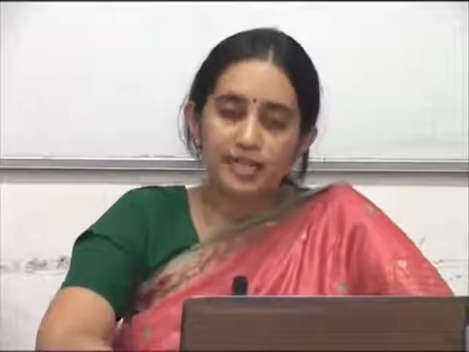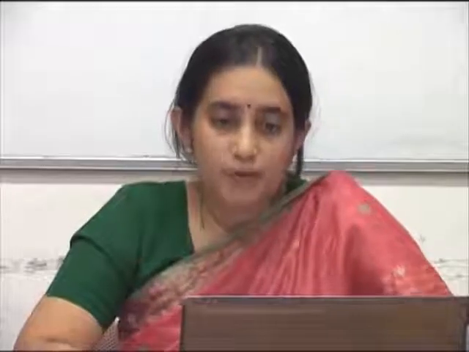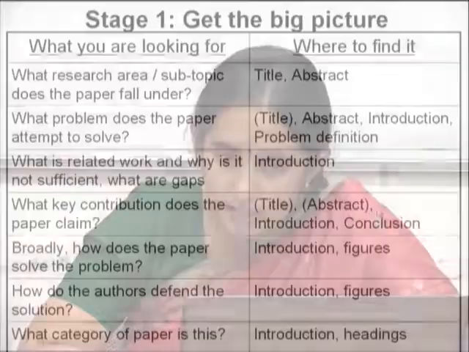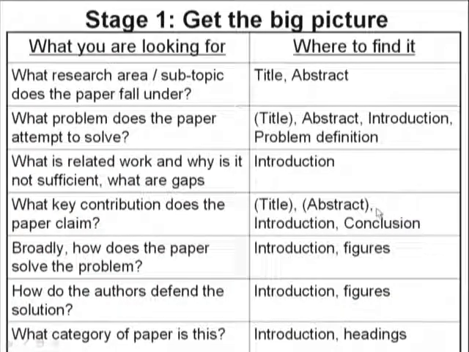So now what I would like you to do is look at the right column, where to find it. We are only looking at the big picture right now. Take a moment and just read aloud each of these cells in the right column. It says title, abstract, introduction, title, abstract, introduction, conclusion, introduction, figures.